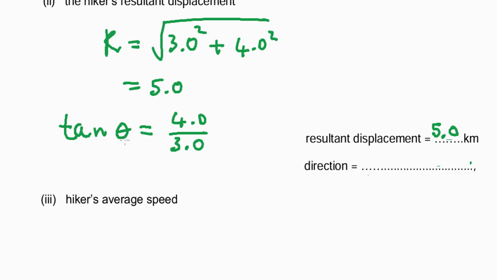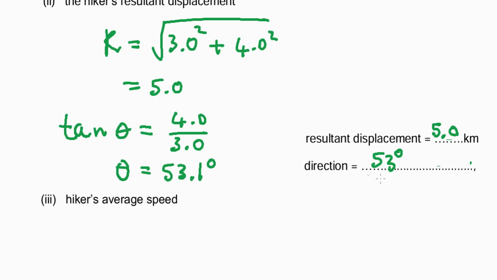And using a calculator, shift tan of 4 over 3 will give us 53.1. So 53.1 degrees. We used two significant figures in this calculation, so we can give our answer also to two significant figures. So just 53 degrees.